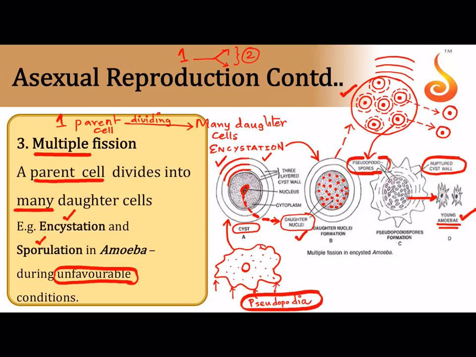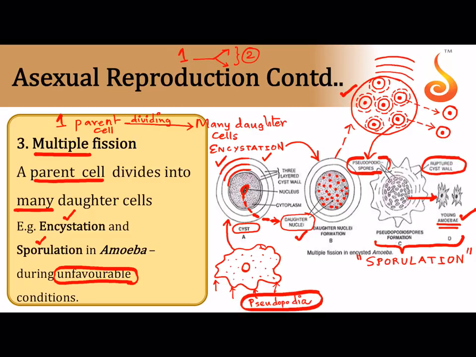Clear? And this process where a single cell is producing these pseudopodiospores. See, these spores are formed, right? The pseudopodiospores which come out, which develop into young amoebae. This process is referred to as sporulation. As per the NCERT, we have to use two technical terms here.